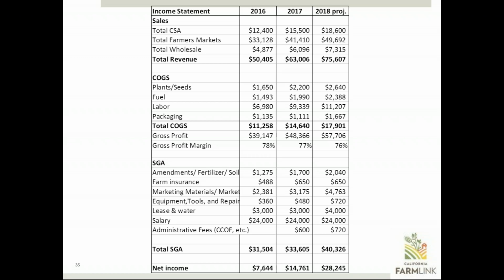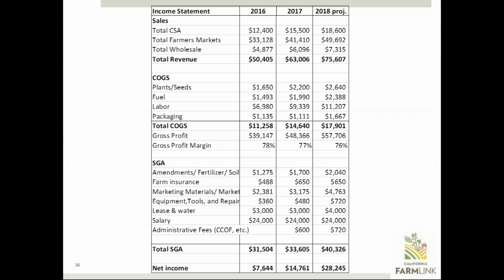But the bottom line is that the income statement tells you what your net income is, and we're looking here at one that has historical income statement for 2016 and 2017, and then projections for 2018. So you can see those 2 years of historical numbers, and then what you're projecting for 2018.